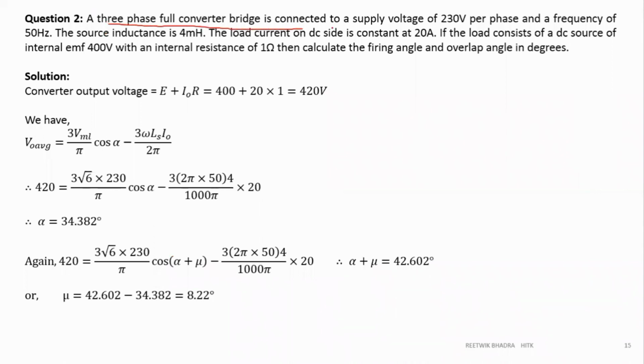So a three-phase full converter bridge is connected to a supply voltage of 230 volt per phase. Frequency is 50 hertz. Source inductance is 4 millihenry. Load current is DC 20 ampere. Load consists of a DC source of internal EMF 400 volt with an internal resistance of 1 ohm. So I can draw it like this.